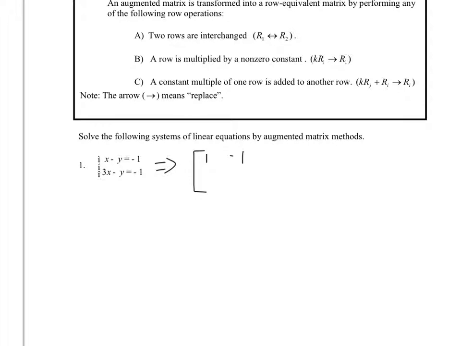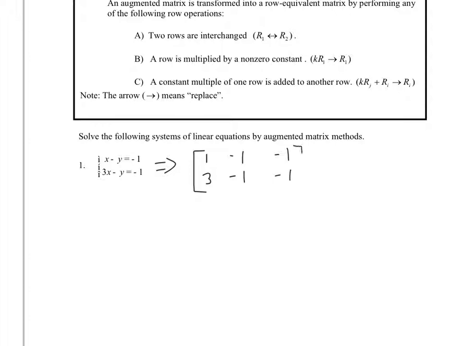And then my answer for that equation is a -1. In my second row, my coefficient for x is 3, my coefficient for y is -1, and my answer for that equation is a -1.